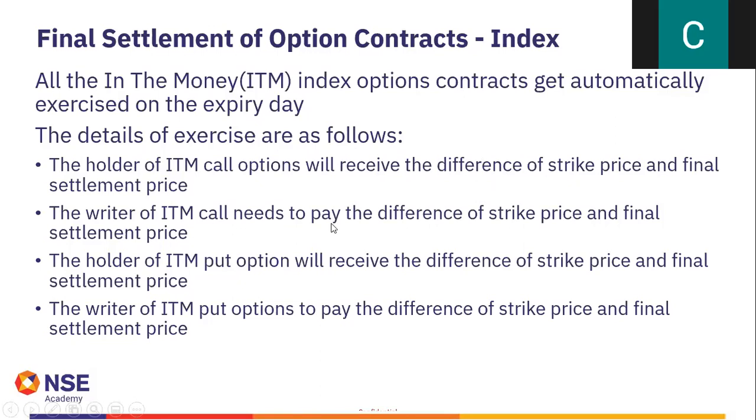He will be paying that money. The holder of ITM put option will be receiving the difference of strike and final, and similarly, the seller of the put option will be paying that particular difference. So the buyer of call option, buyer of put option, ITM options, they will be receiving the money, and the seller of ITM call option, seller of ITM put option will be paying the money.